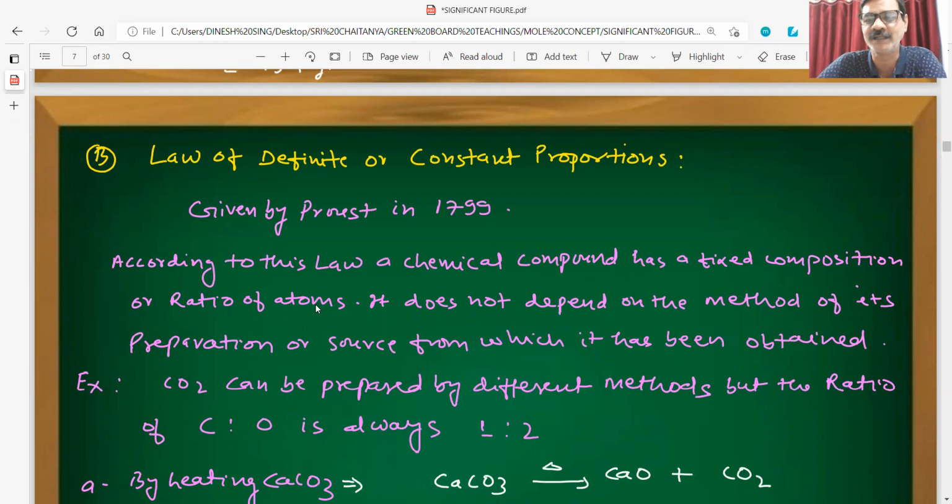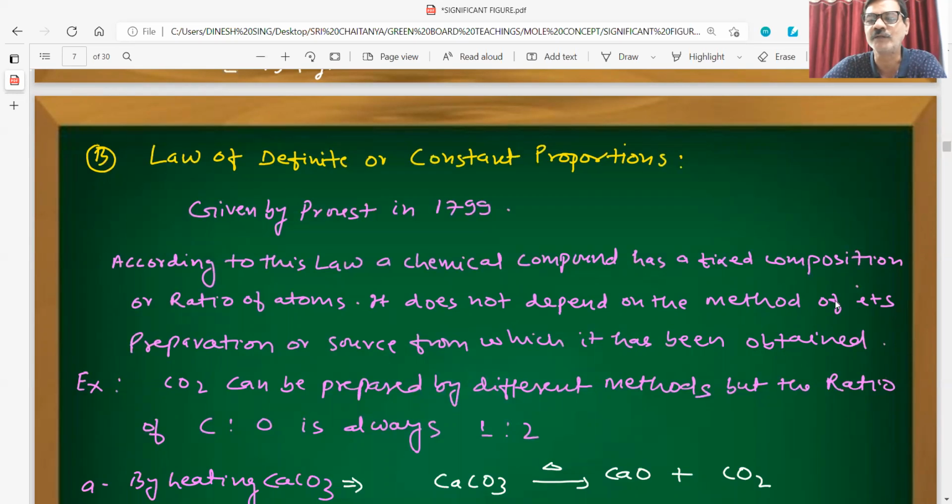Whatever compound we are taking, the ratio of atoms or its composition will remain constant. It will be fixed. It does not depend on the method of its preparation. That ratio will not depend upon the way of preparation.